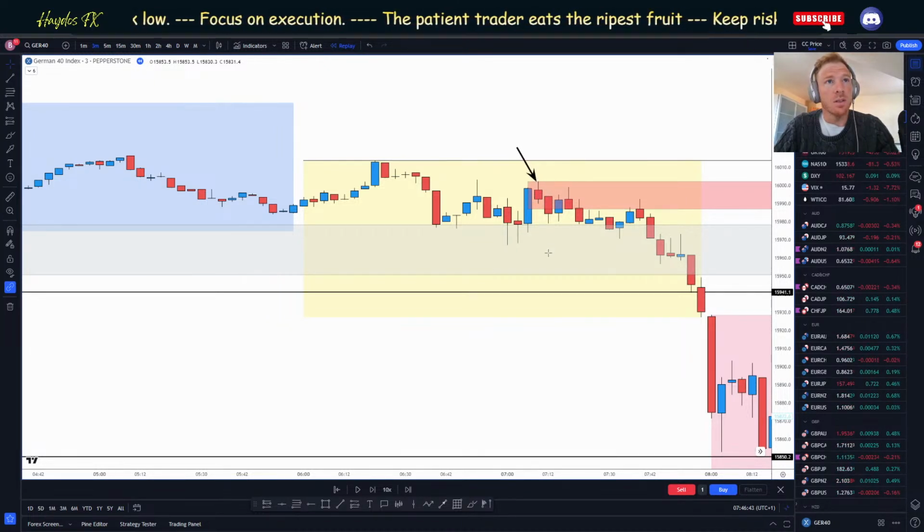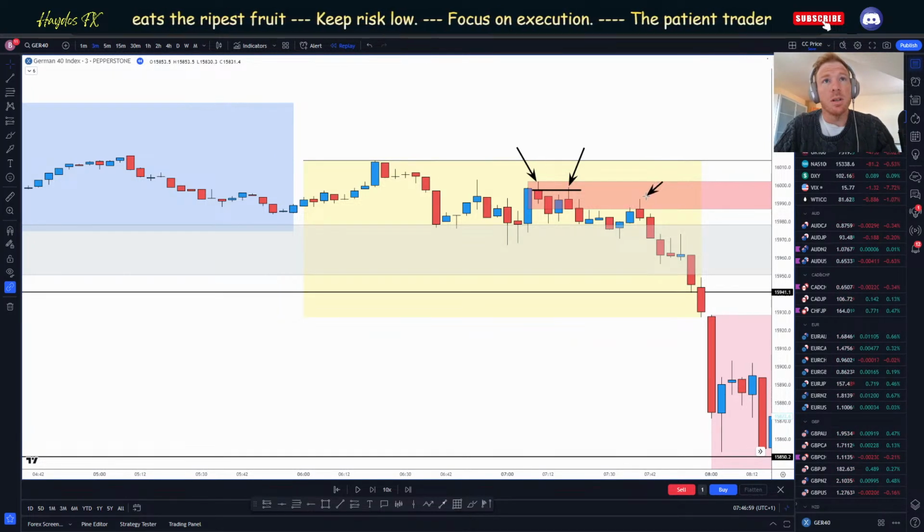So we had one of those where the wick pushed up, closed bearish, pushed down a little bit, had a little retest. So that one here retested the open and then did another little rejection candle, and then we had a third one. This bad boy did the same thing.